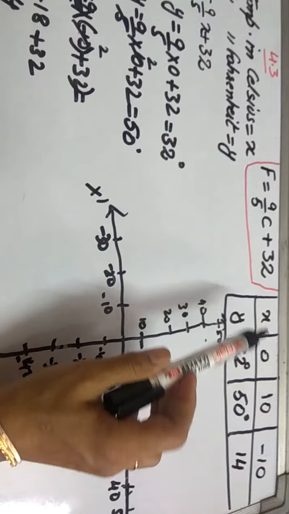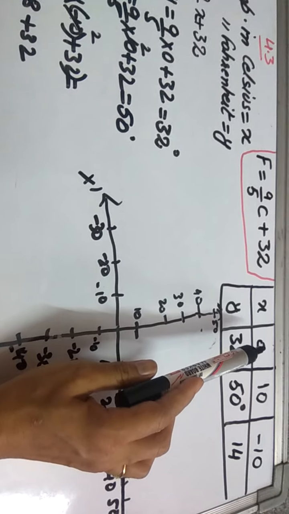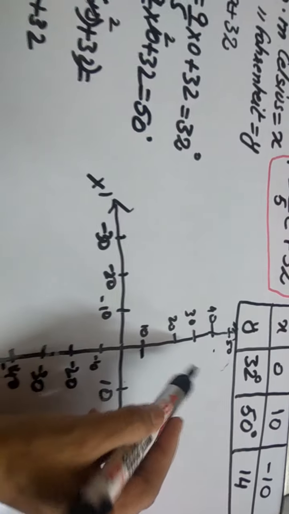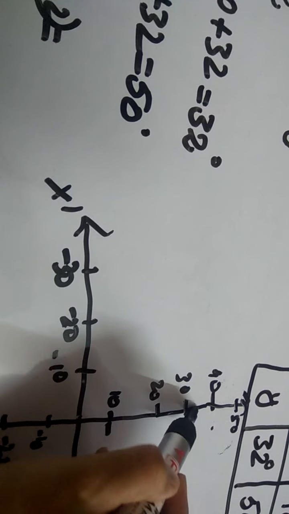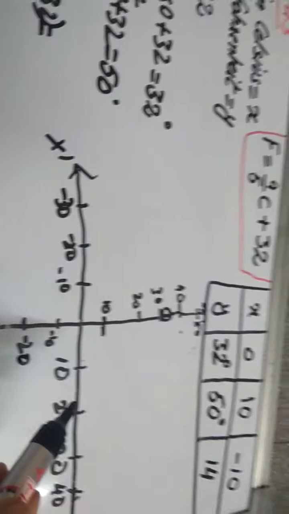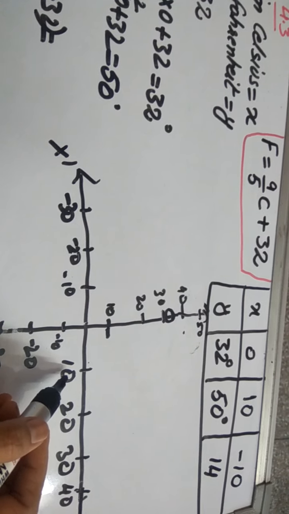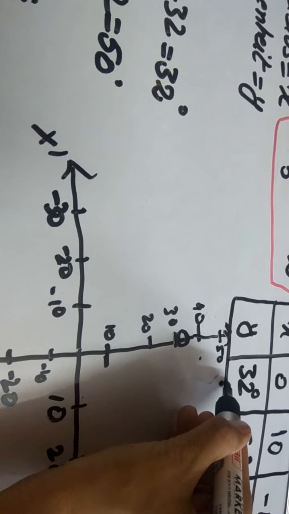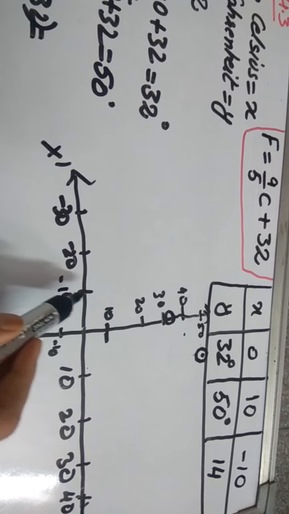So now first value is x is equal to 0 and y is 32. So dear students, because one coordinate is 0, it will lie on the y-axis at 32. Where is 32? 30, then the next 2 points will be taken as 32. Count 2 lines and here you will get 32. Then x is 10 and y is 50, so we will mark it here. Then next x is minus 10 and y is 14.